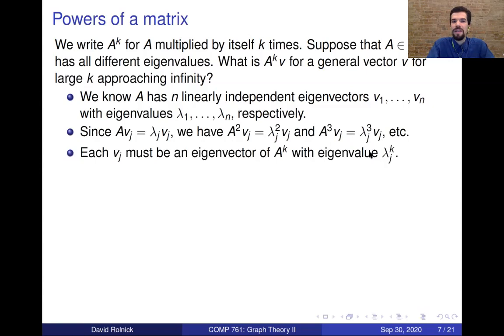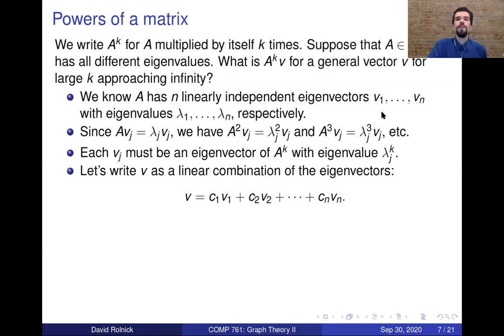So each eigenvector, Vj, has to be an eigenvector of A to the k for every k. And the corresponding eigenvalues just also take kth powers. So if you started out with eigenvalue 2, then you get eigenvalue 4, and then eigenvalue 8, and then eigenvalue 16, and so on. Because you're just multiplying by that number a number of times. Okay.